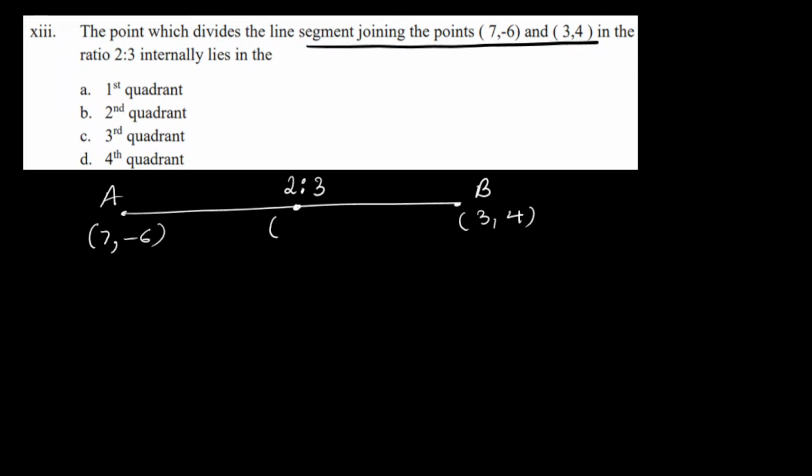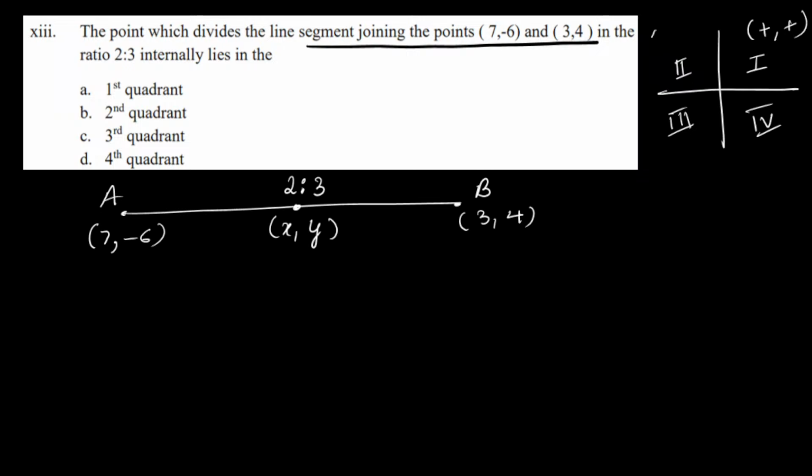So the point x comma y we have to find, in which quadrant it lies. See, in the Cartesian plane we have 4 quadrants. This is first quadrant, this is second quadrant, this is third quadrant, this is fourth quadrant. In first quadrant both x and y are positive.